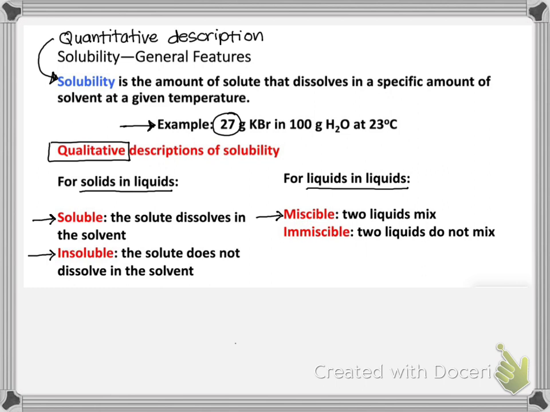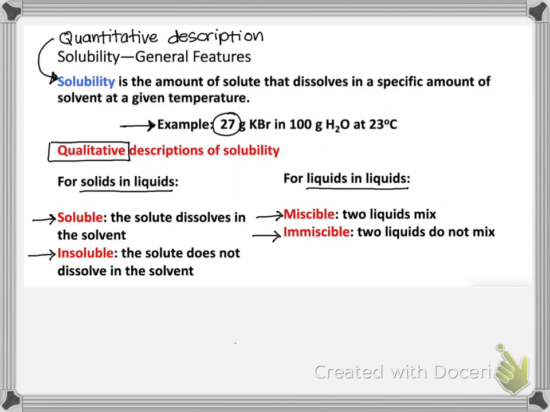Like water and ethanol will mix. Water and oil don't mix, so we would say that those two liquids are immiscible. So in a way, miscible is similar to being soluble, and immiscible would be similar to being insoluble.